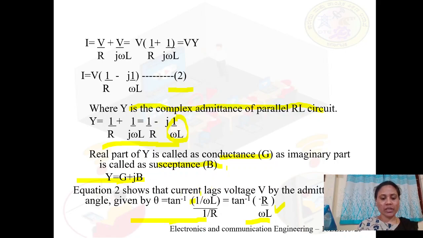Here in this case, the phase angle for Y is negative, tan inverse of minus R by omega L. Therefore, this negative value indicates that current lags the voltage by an angle of theta. Hence, when RL components are connected in parallel, current always lags the voltage by theta, where theta is tan inverse of minus R by omega L.